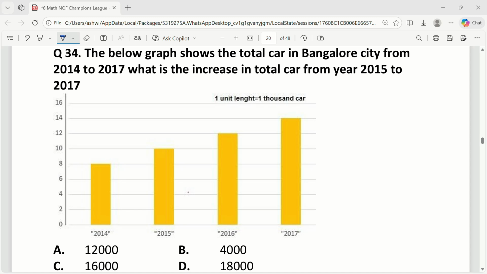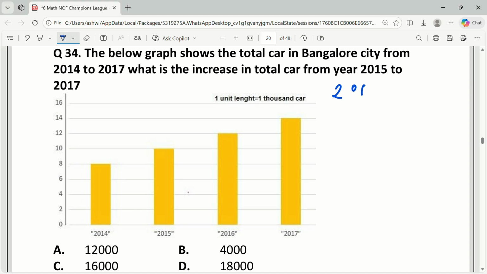Question 34. The graph below shows the total cars in Bangalore city from 2014 to 2017. What is the increase in total cars from year 2015 to 2017? In 2015, the bar reaches 10 units. Since each unit is equal to 1000 cars, the total cars in 2015 is equal to 10 into 1000, which is equal to 10,000.